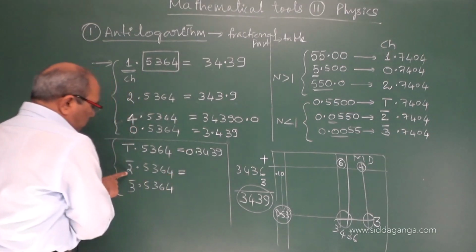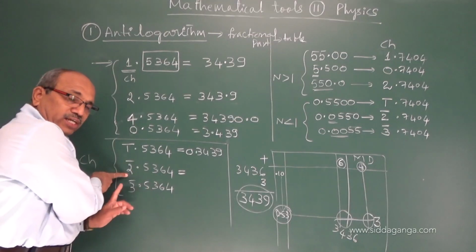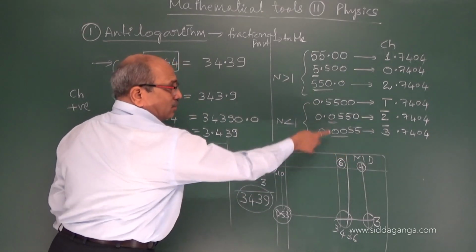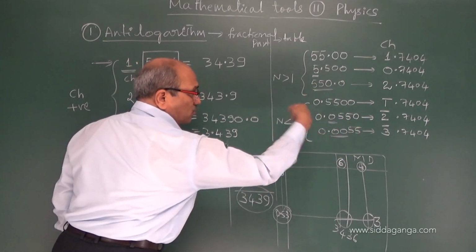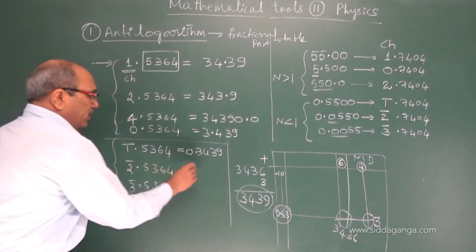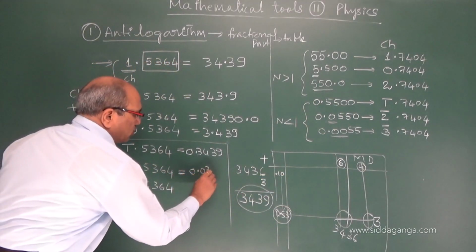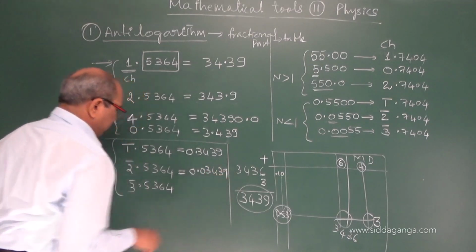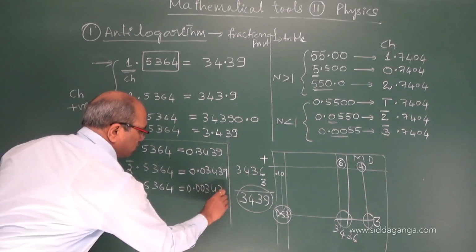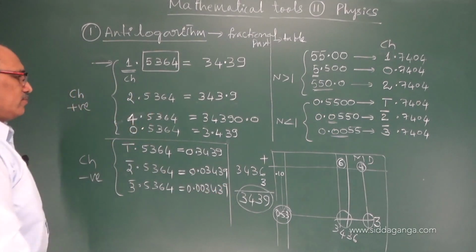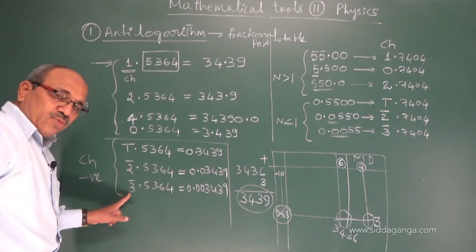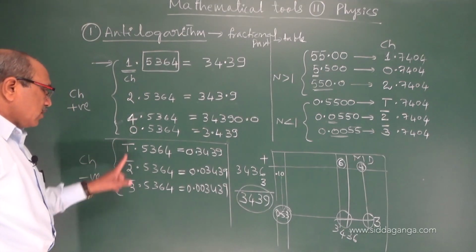So then here it is bar 2, make it 1 less. In finding characteristic we increase by 1, now reduce. If it is 2, you make it 1 zero: 0.03439. If it is like 0.003439, I think you followed. Bar 1, bar 2, bar 3, negative characteristics.